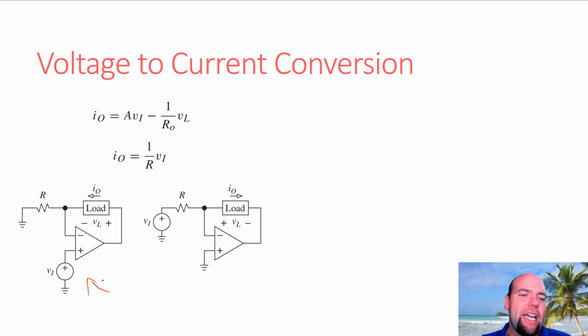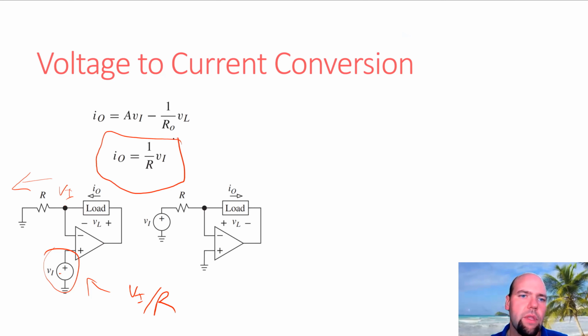Okay, but the basic idea is, in this case, you produce a voltage here. The op amp, in the ideal case, is going to try to mirror that voltage up here. It's going to mirror it by producing a current. So the current that's required to mirror this voltage at the input here is going to be VI over R. And then same thing here.